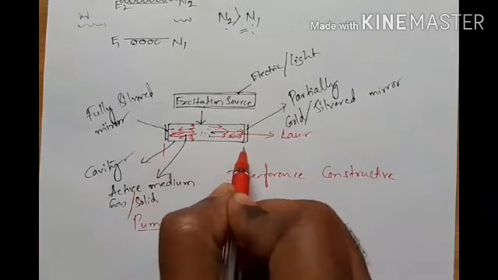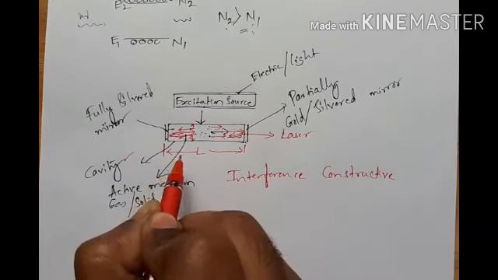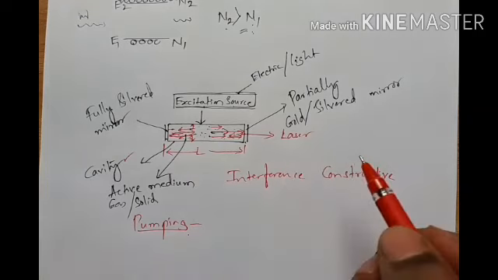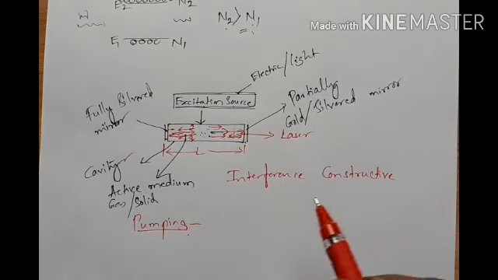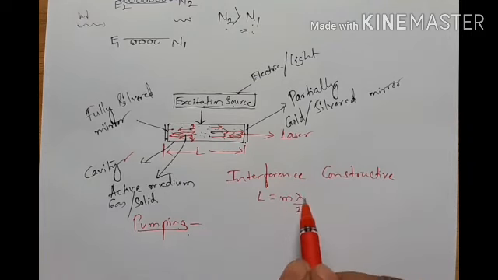Here the length L is chosen in such a way that there should be only constructive interference. That L is chosen with this equation: L equals m times lambda divided by 2. So what is lambda?